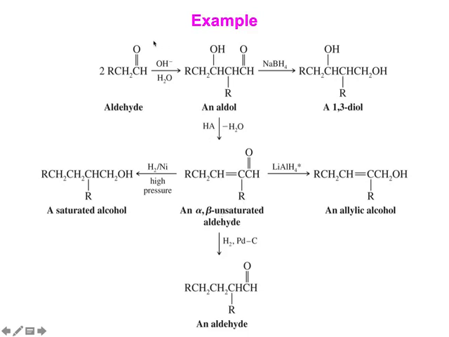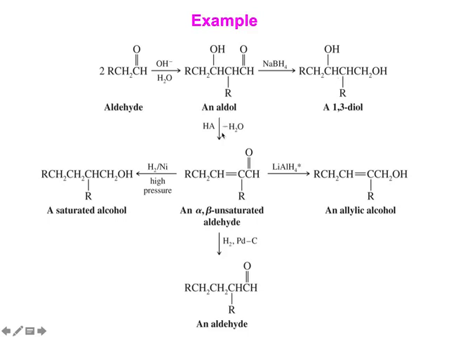This one must be from two aldehydes, so you get the aldol product. Once you get the aldol product, you continue the reaction by reduction and you get the alcohol product. So we continue from the aldol.